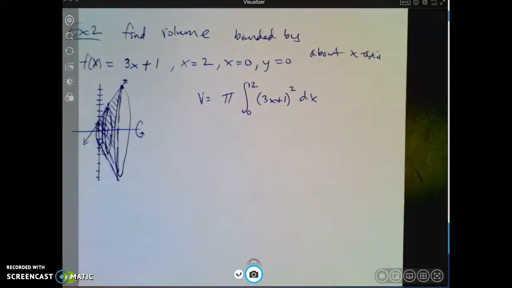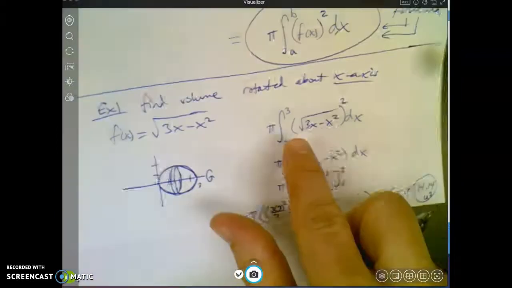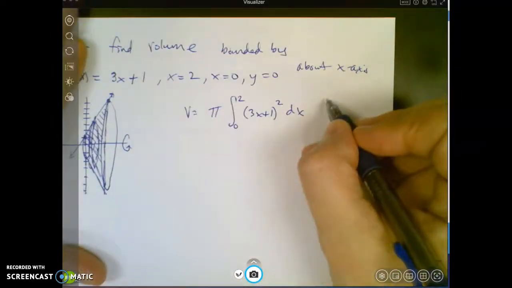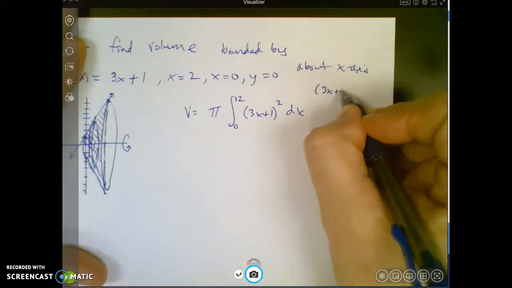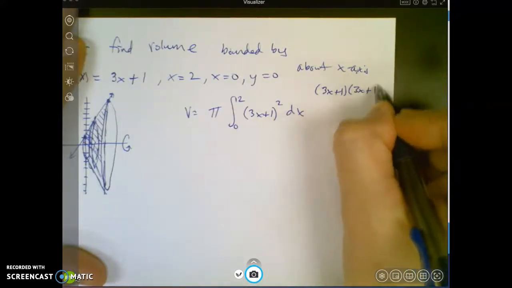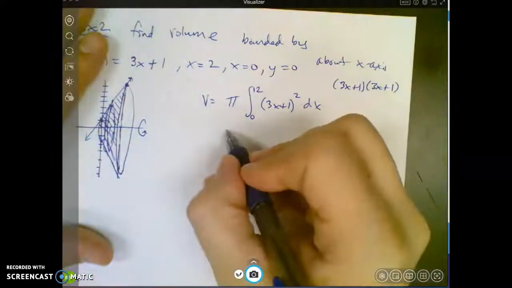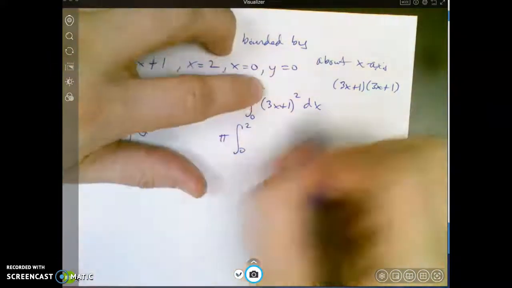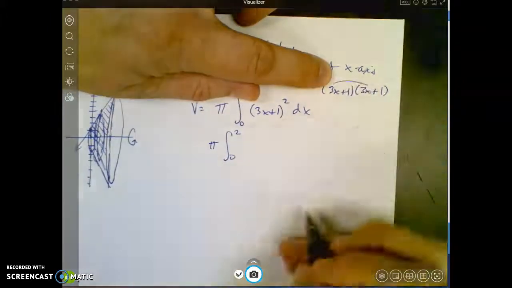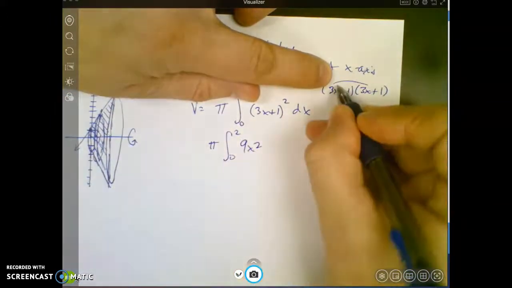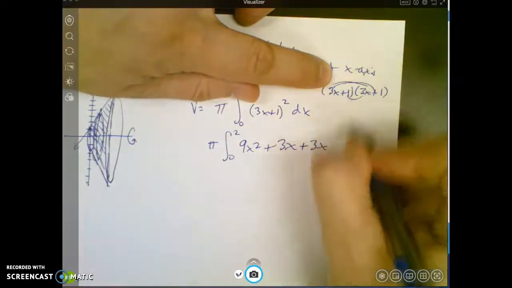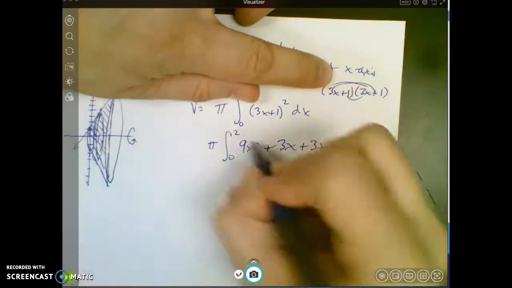Now is when you have to do a little more work. The previous problem looked worse, but when you square a square root, it's done. When you square this, that's 3x plus 1 times 3x plus 1, right? So you're going to have pi from 0 to 2 of, if I FOIL this out, 9x squared plus 3x plus 3x plus 1, right?